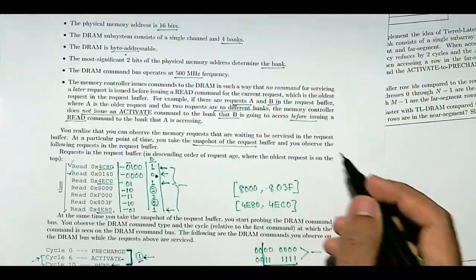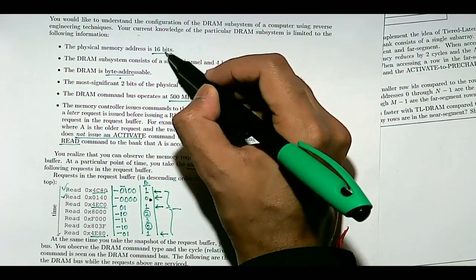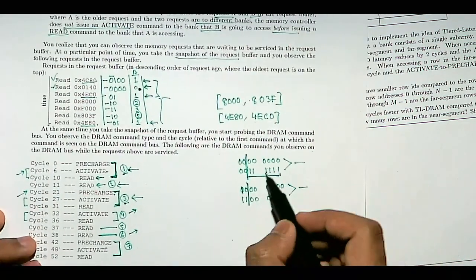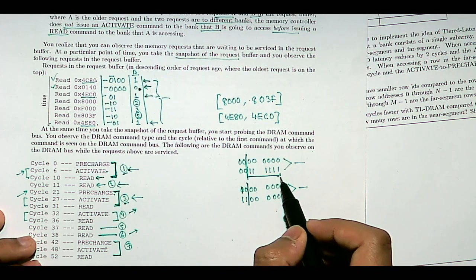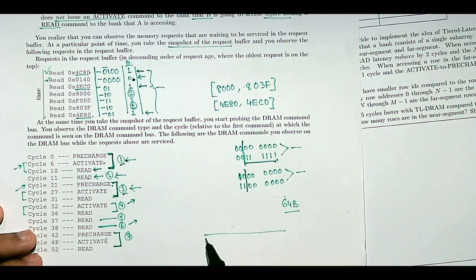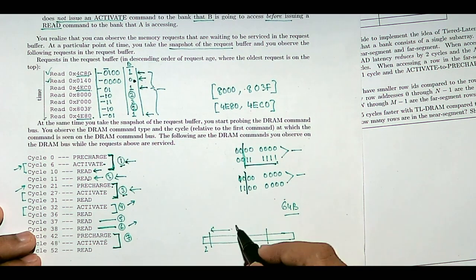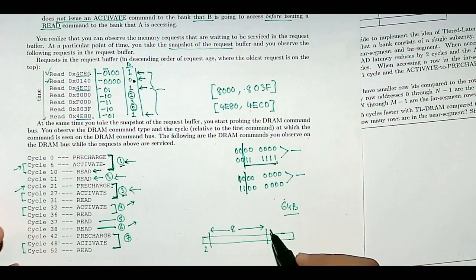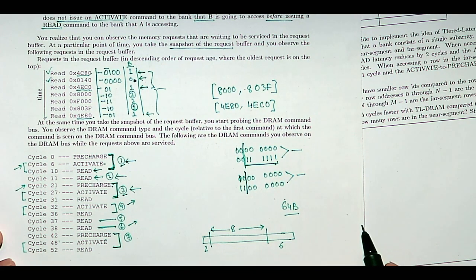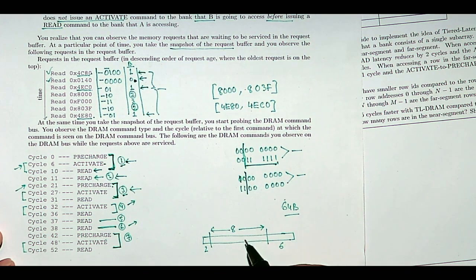Now, you have 16 bits of addresses. You know the last 6 bits are the row offset. So if you simply chop it off, these 6 bits go for the row offset, these 2 bits go for the bank number, and the remaining 8 bits give you the row number, right?